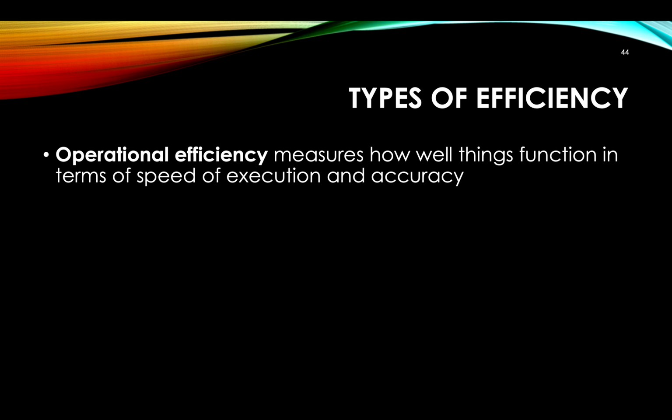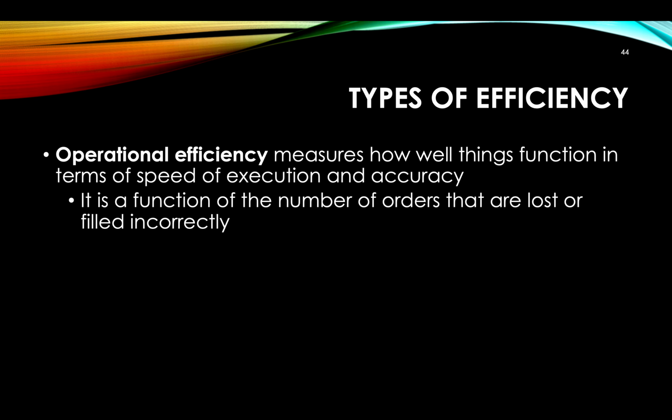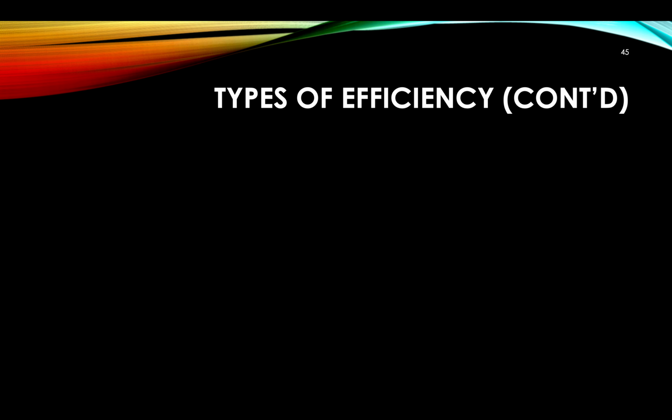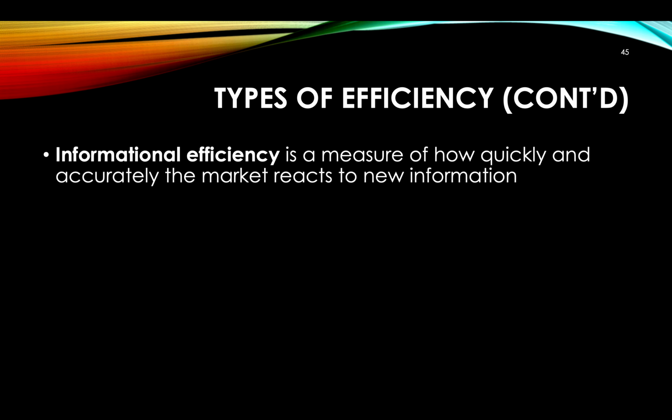Now, the type of efficiency we're talking about is not operational efficiency, how well things function, how well a production process happens, for example, or how well trades are executed. What we're talking about is informational efficiency: how quickly and accurately the market reacts to new information coming in, or the available information that's out there.